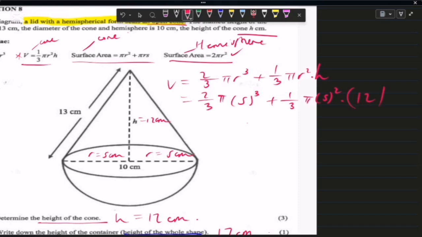Okay, let's see what value we get. 2 over 3 pi, 5 cubed, and then plus 1 over 3 pi, and then this 5 squared times 12.